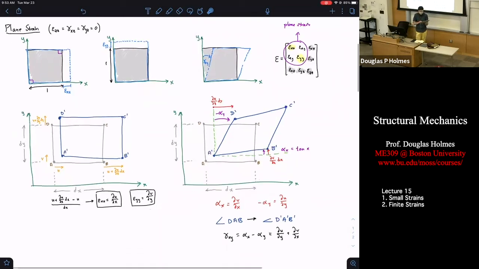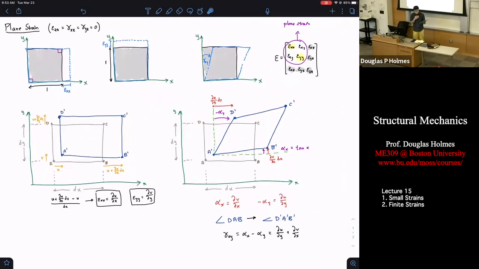I think there's always a little bit of confusion in terms of what denotes a positive shear strain and what denotes a negative shear strain. Typically, if you're going from something like this to something like this, that's positive.